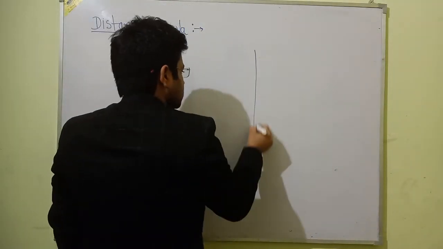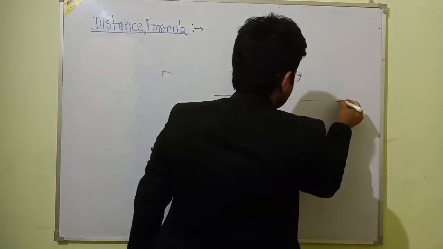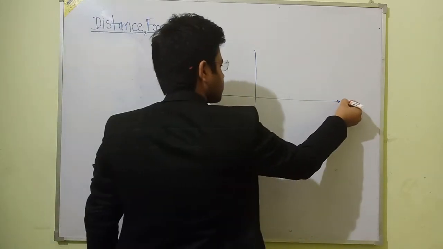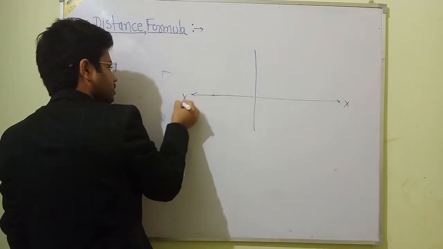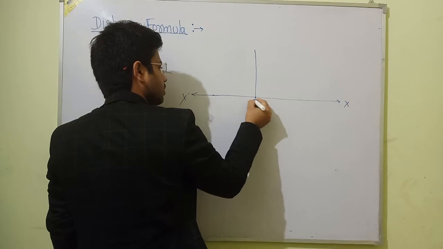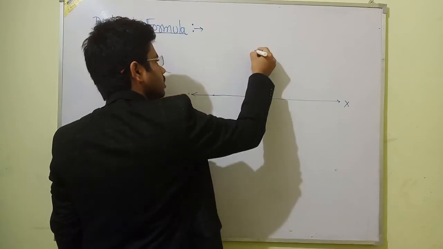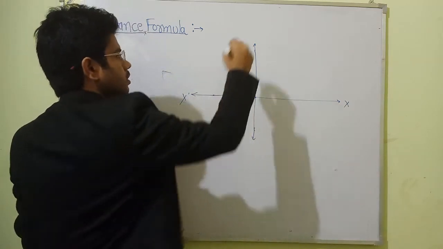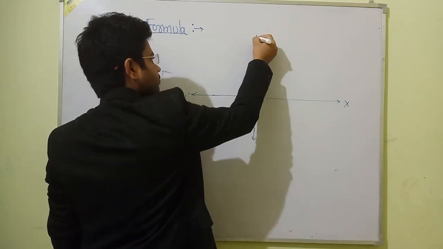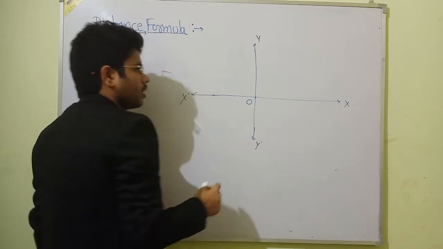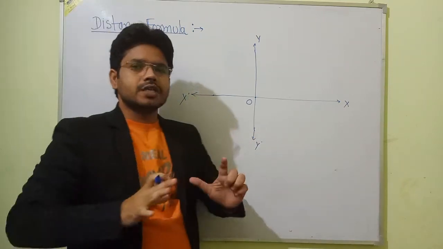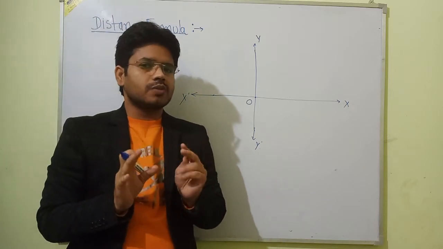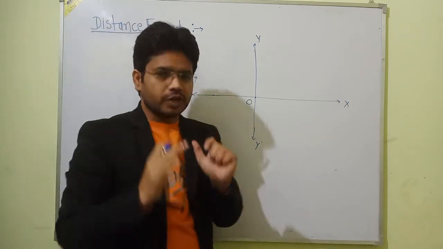Let us consider this is our Cartesian plane, in which the horizontal line is known as the x-axis, x dash, and the intersection of these lines is known as the origin, and the vertical line is said to be the y-axis. In this Cartesian plane we have to find the formula for the distance between two points.